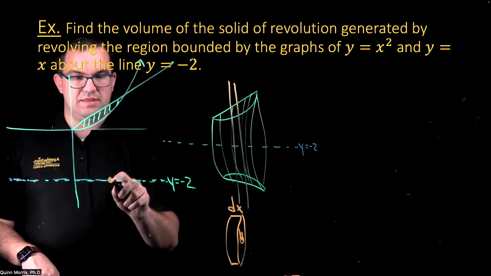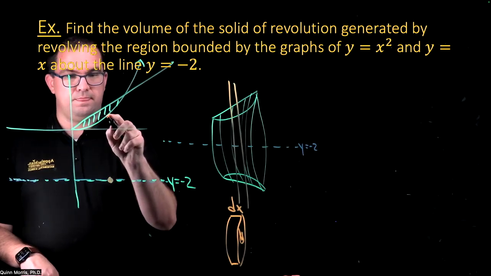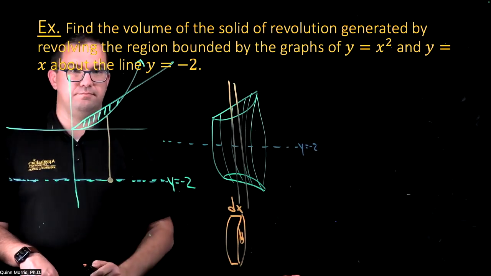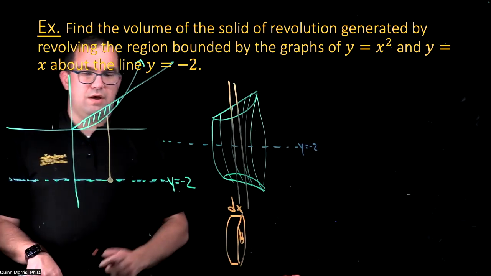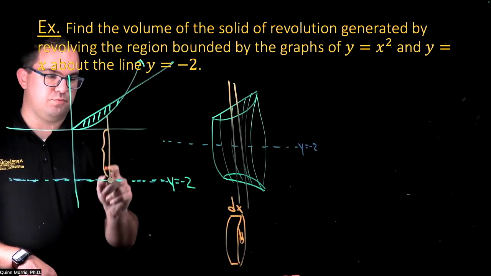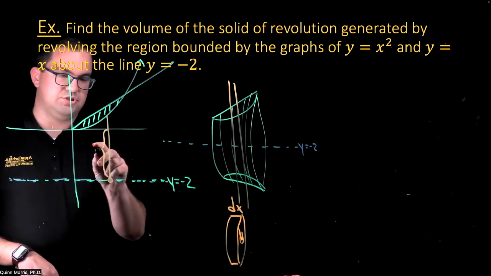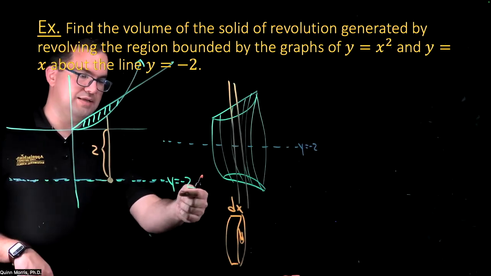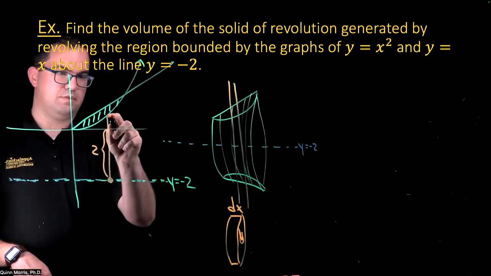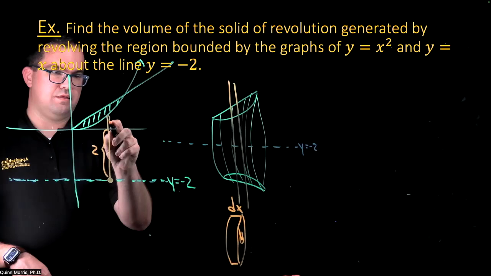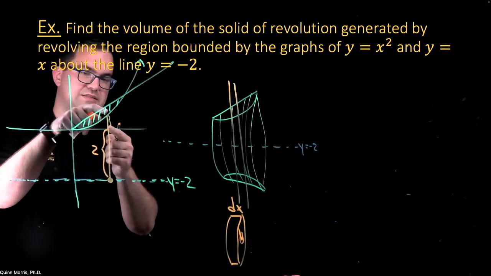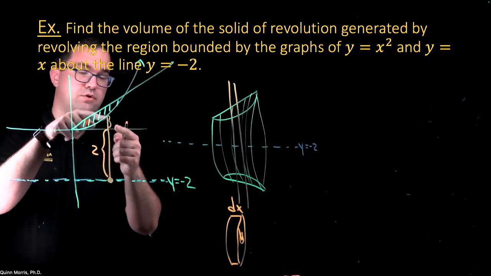So the inside radius will be the distance from here to here. Well, to figure out exactly what this distance is, it probably helps to break it down. So the distance from here to here is just 2, right? From y is equal to -2 to the x-axis, that distance is 2. And then the distance in here, this distance depends on your x value, right?